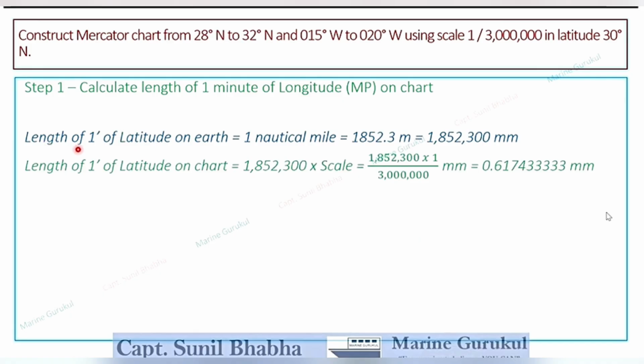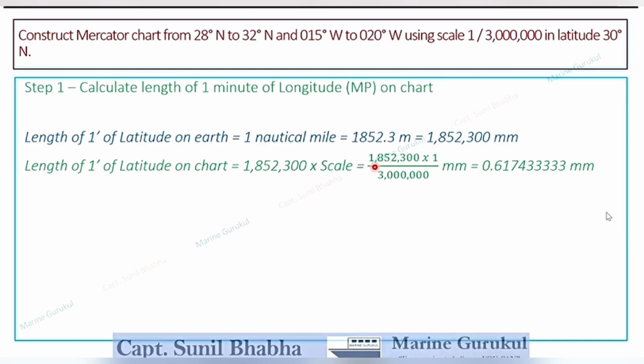Now we have seen the length of 1 minute of latitude on Earth. Now what is going to be the length of 1 minute of latitude on the chart? For this, we have to multiply this distance by the scale of the chart. So 1852300 multiplied by the scale. The scale is 1 upon 3 million.